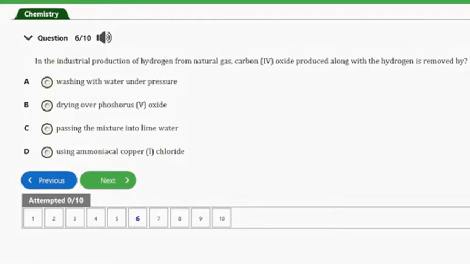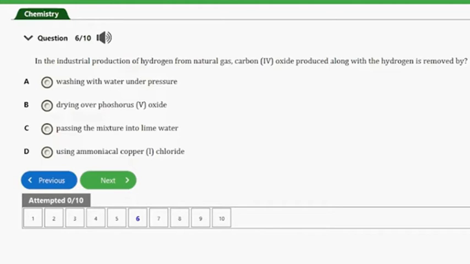Question number 6. It says, in the industrial production of hydrogen from natural gas, carbon dioxide produced along with the hydrogen is removed by A, washing with water under pressure. B, drying over phosphorus 5 oxide. C, passing the mixture into lime water.